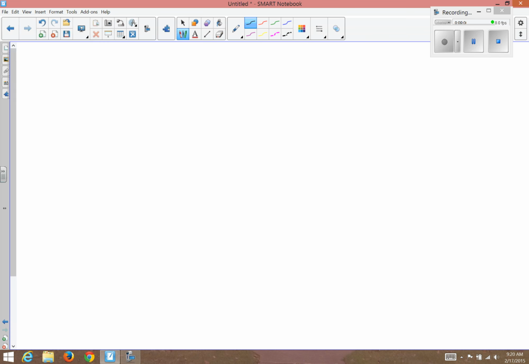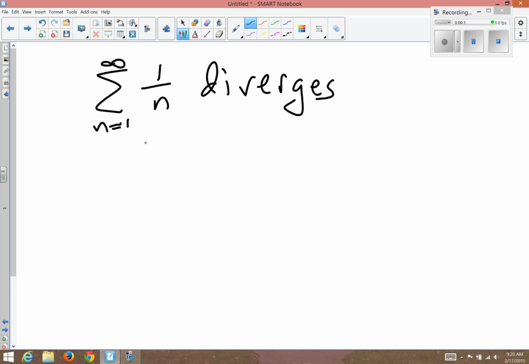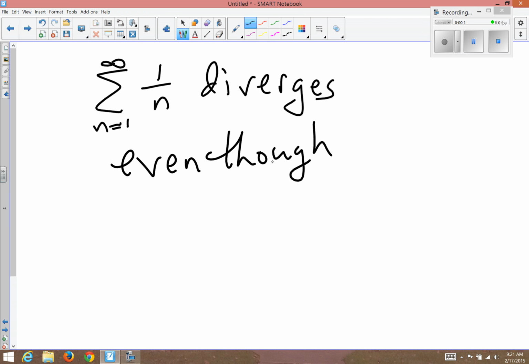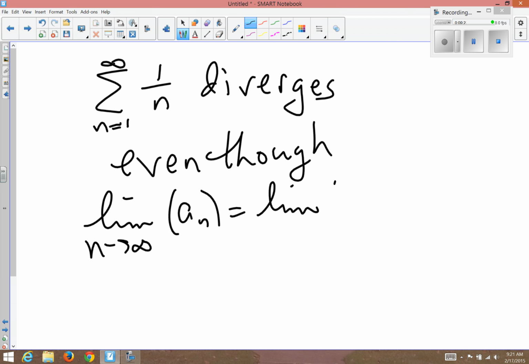And I want to say this once again: this series diverges even though the limit of its nth term as n approaches infinity, the nth term is 1 over n, even though the limit of the nth term as n approaches infinity is 0.